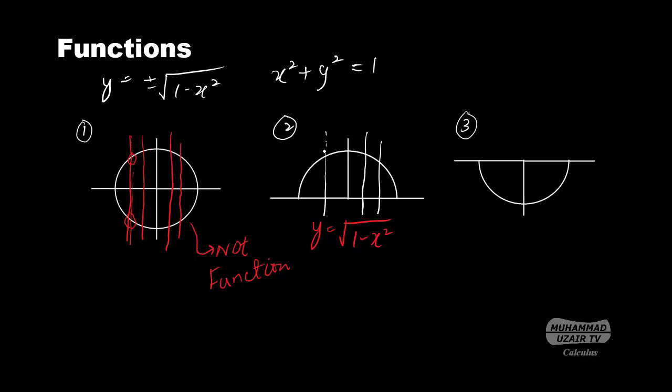As you can see, the graph starts from this point and ends at this point. The vertical line touches the graph at only 1 point. So this will be the graph of a function.